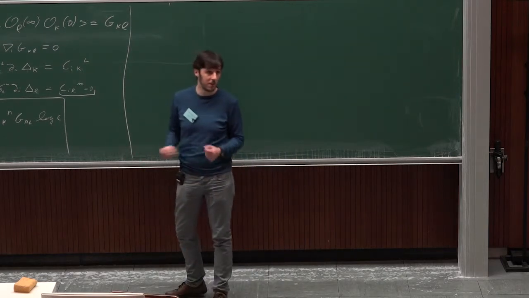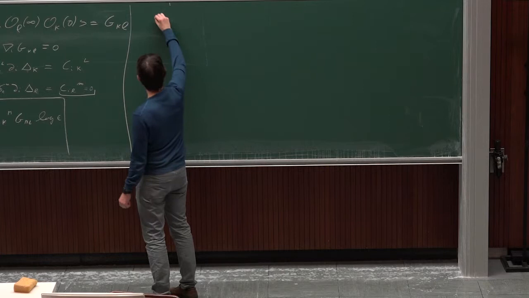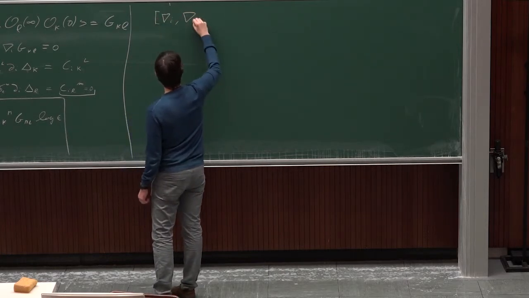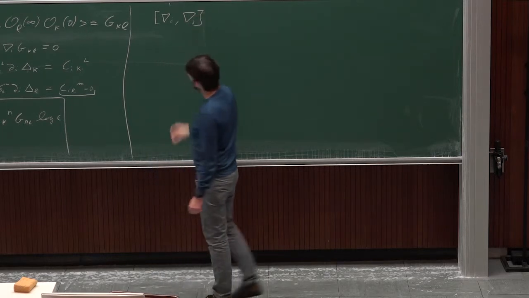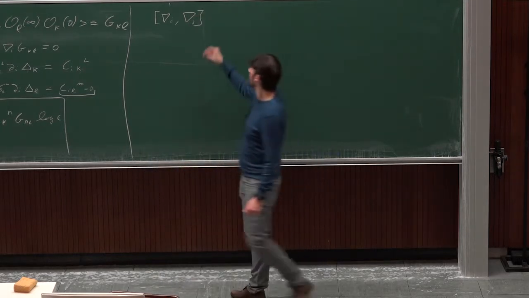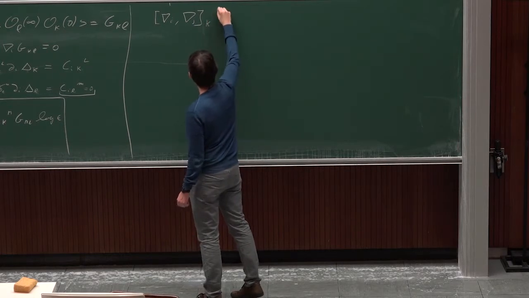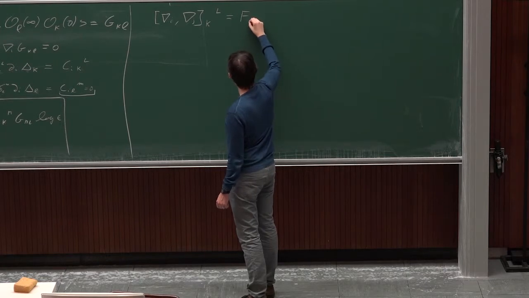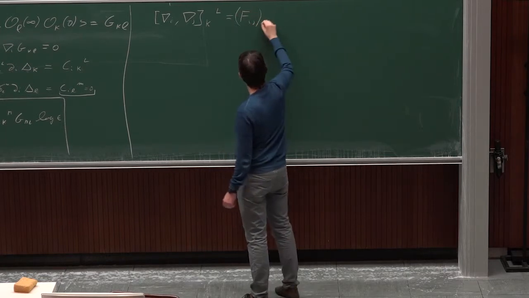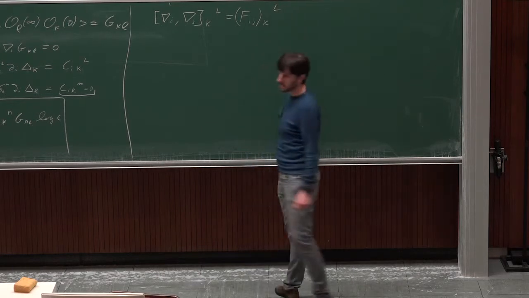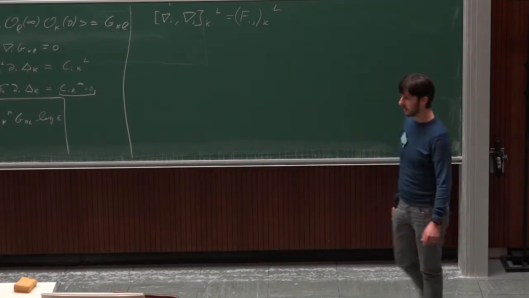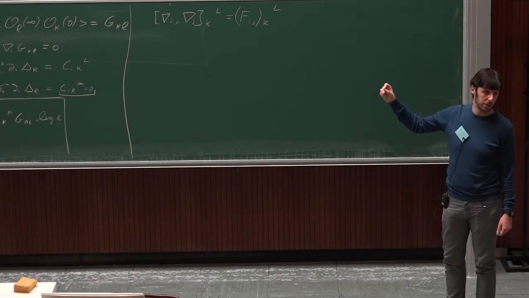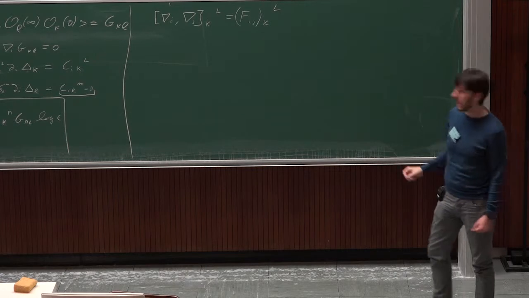And I will now compute the curvature of this connection. I will compute it as a tensor that acts on my space of operators. This is typically what we mean by connection. The curvature is the commutator of the covariant derivatives. And I will try to tell you how to compute this particular object.